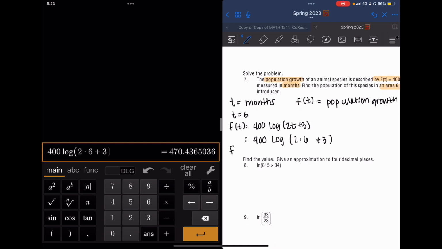So now we have f of t equals 470.436, but it's asking us for a whole number. I think that's the way it is in your book or in your online, so it's 470. That's the population growth.